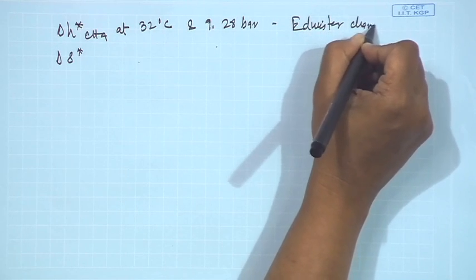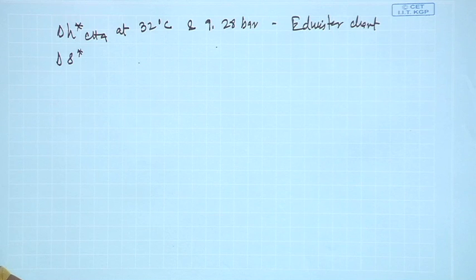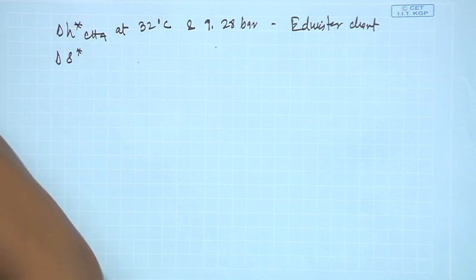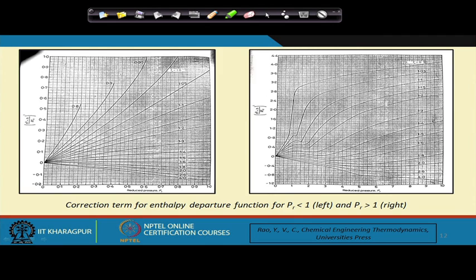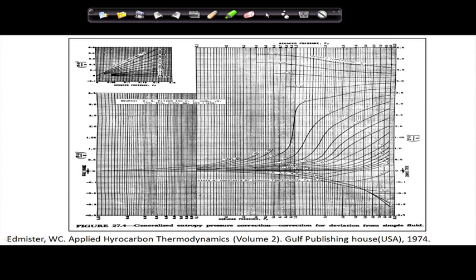So what are you going to do? You are required to find out the enthalpy and entropy departure functions for methane at 32 degrees centigrade and 9.28 bar, right. So let us go to the Edmister's charts for this. The Edmister's charts are this, right.